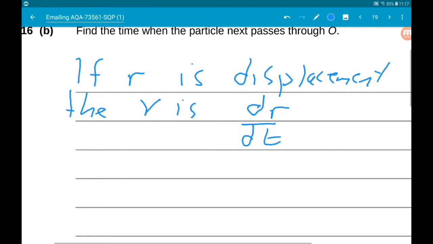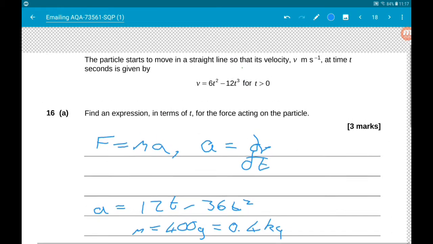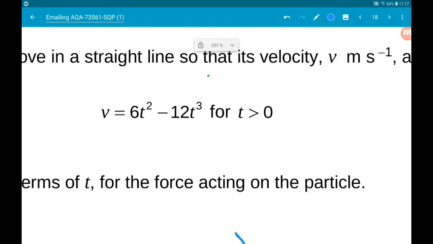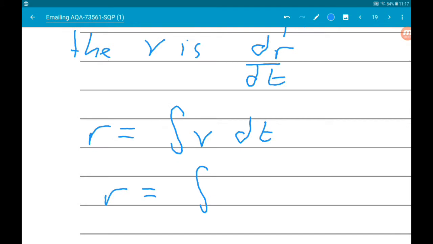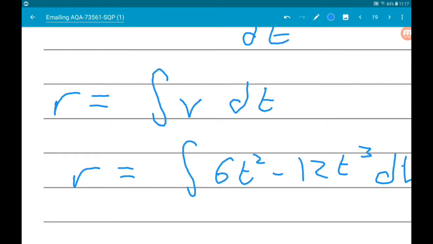So r then is the integral of velocity with respect to t. So r is the integral of 6t squared minus 12t cubed with respect to t.